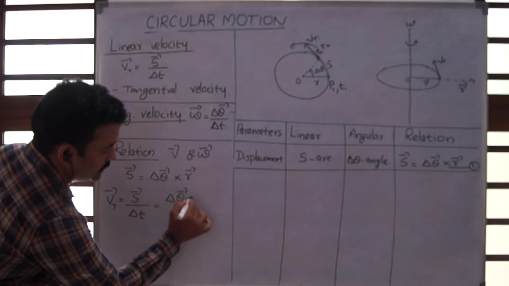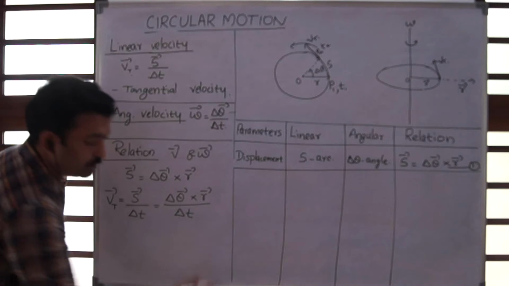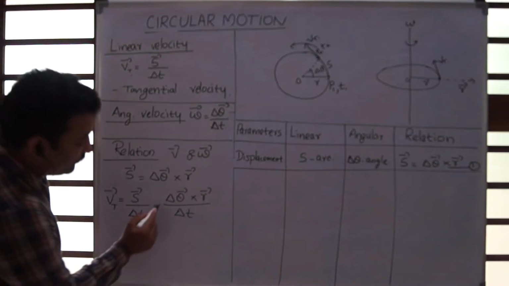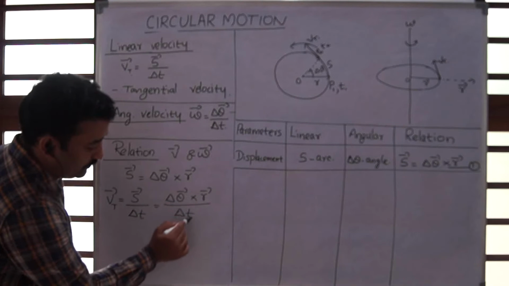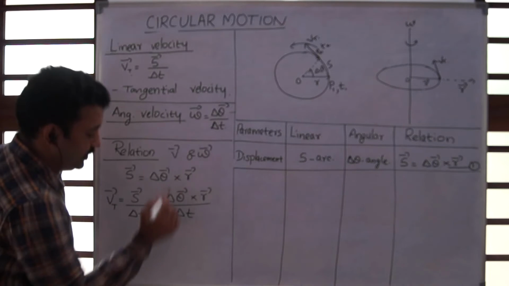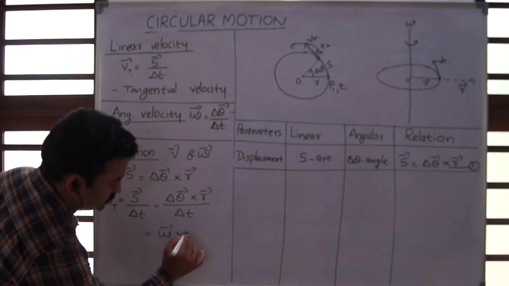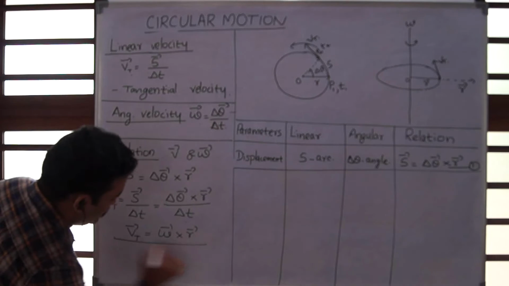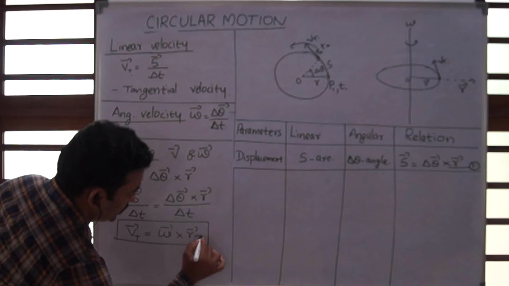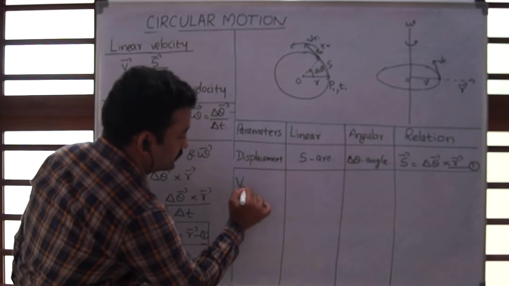Substituting, you will get delta theta cross R divided by delta t. From this I can take delta theta divided by delta t, which is nothing but omega. So we may represent that as omega cross R. Vt is equal to omega cross R. Second relation.